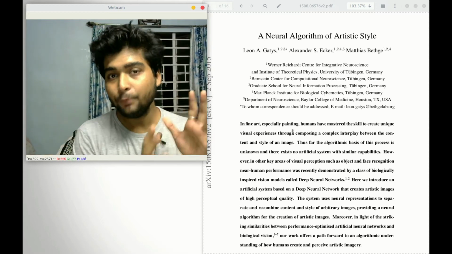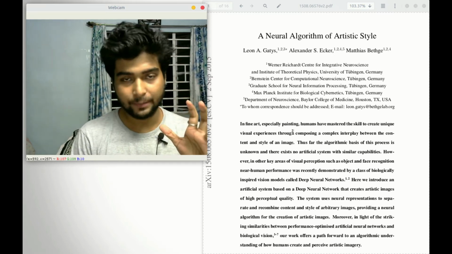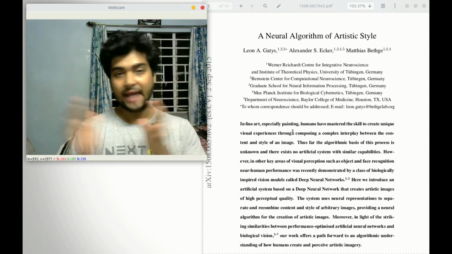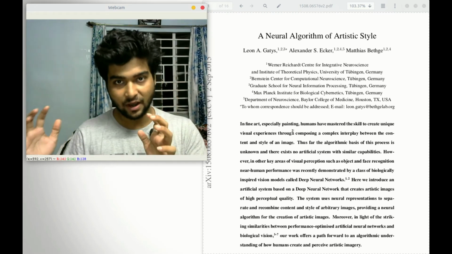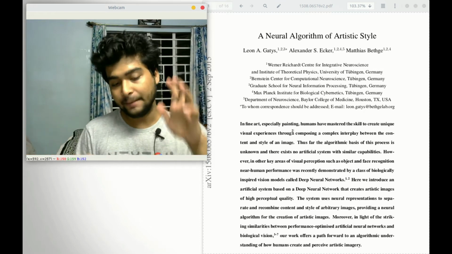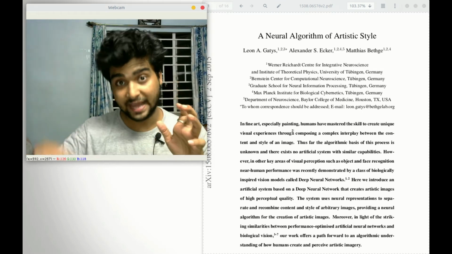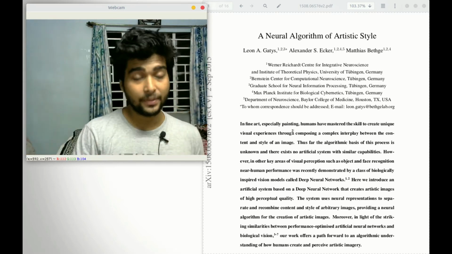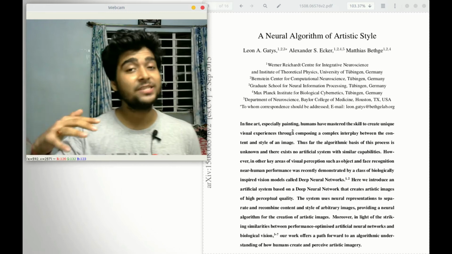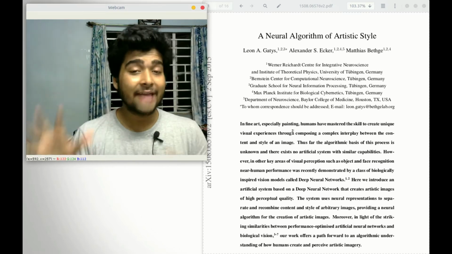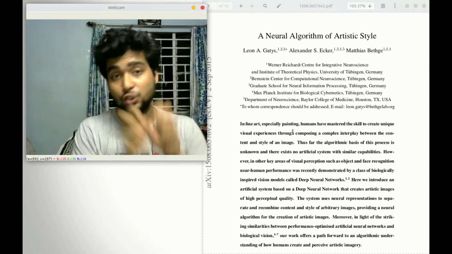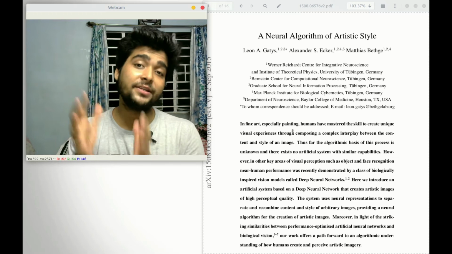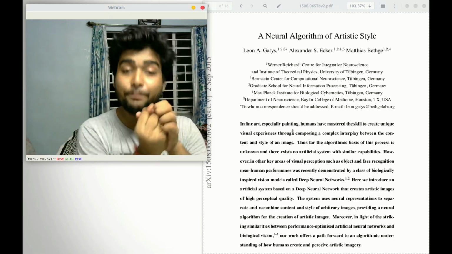The style image is passed into the VGG19 network, which is non-trainable, so it is fixed, and its representations are taken out from the intermediate layers. The same happens for the content image: it is passed into the VGG19 network, and its representations are taken out from the intermediate layers. These two representations are then stored and used to calculate the style and content losses and then optimize the input image.